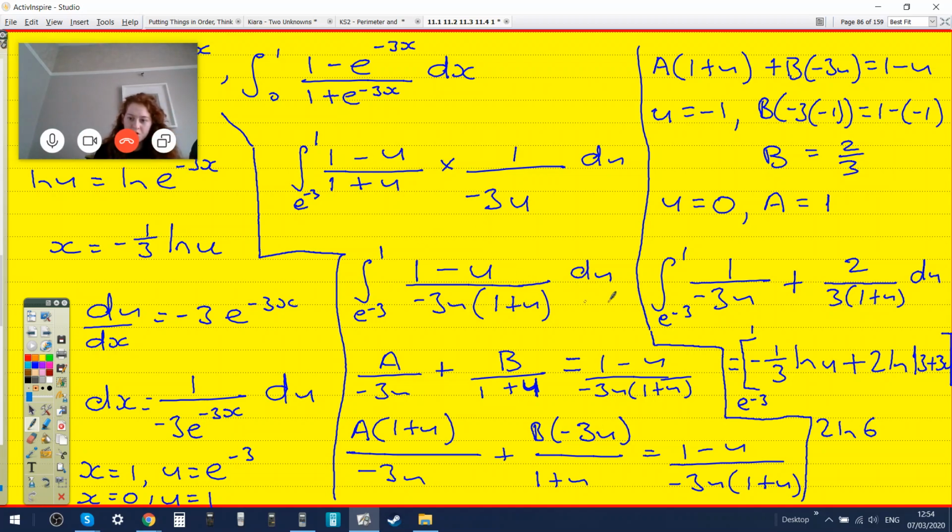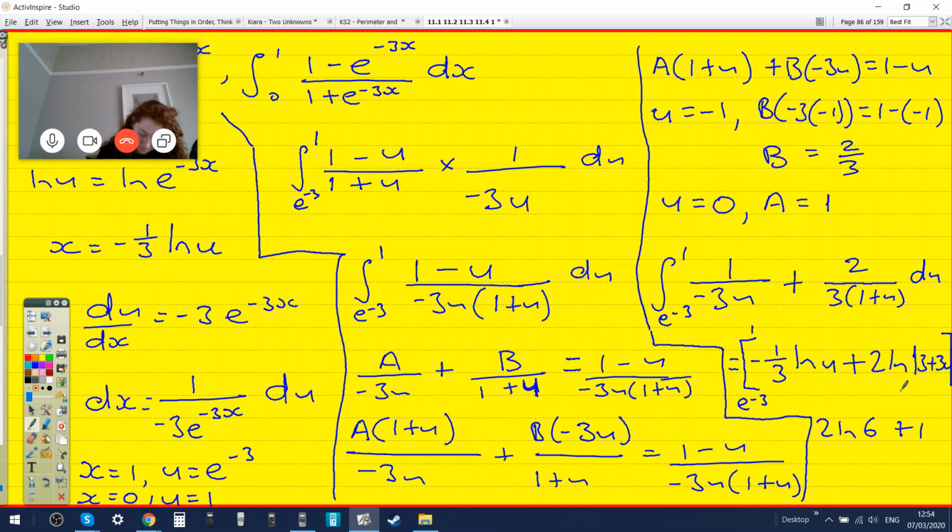So that just becomes minus 1. And what did you put in? Did you put in 1/3 or minus 1/3? Yeah, I just put in 1/3. So I think it's plus 1. So 2 ln 6 plus 1, and then this second one.